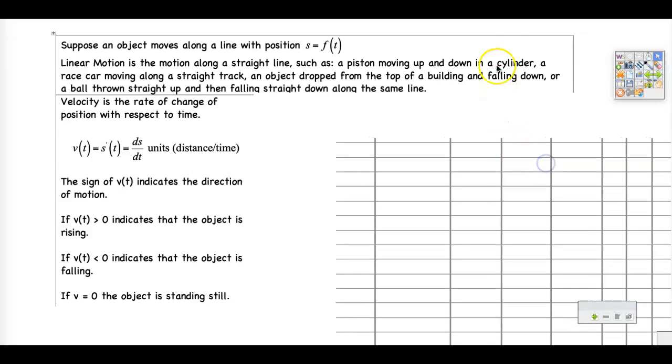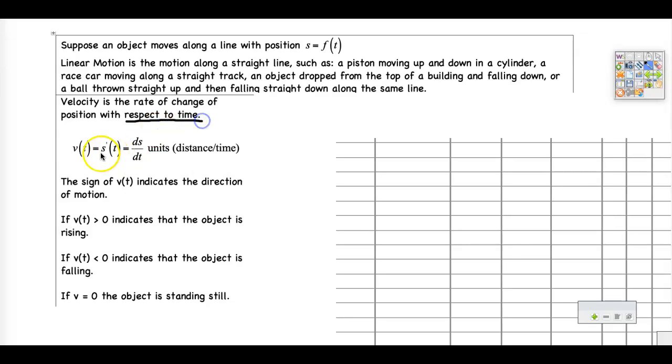And so the first derivative of this position function is going to be the velocity function. The velocity is the rate of change of position with respect to time.